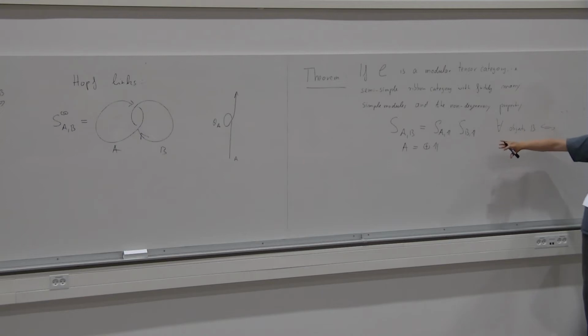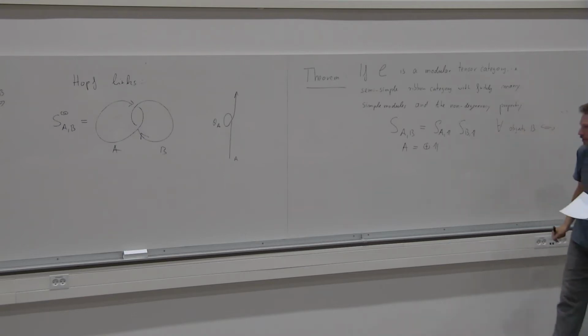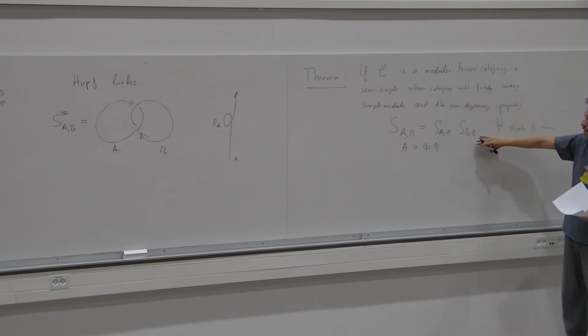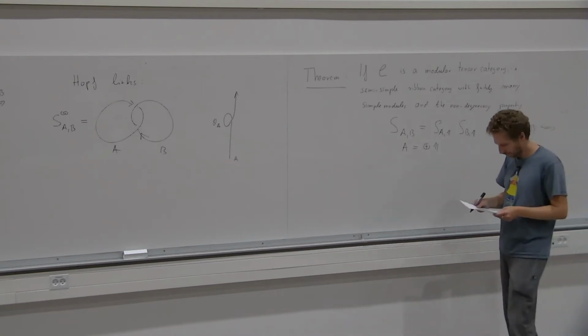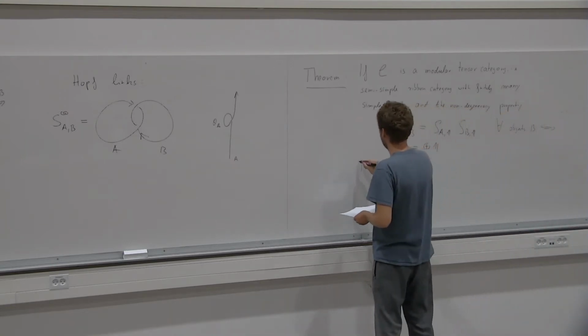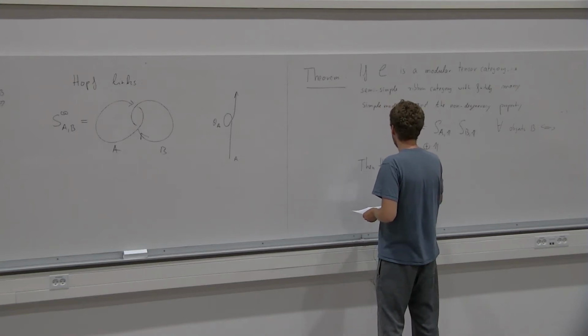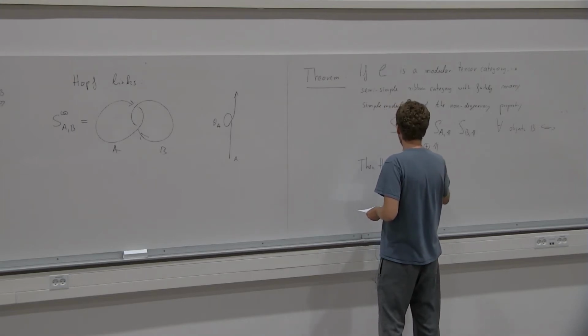This non-degeneracy property is equivalent to many other non-degeneracy properties. One usually says that there is no non-trivial transparent object. Then the statement is there exists a categorical SL2Z action.